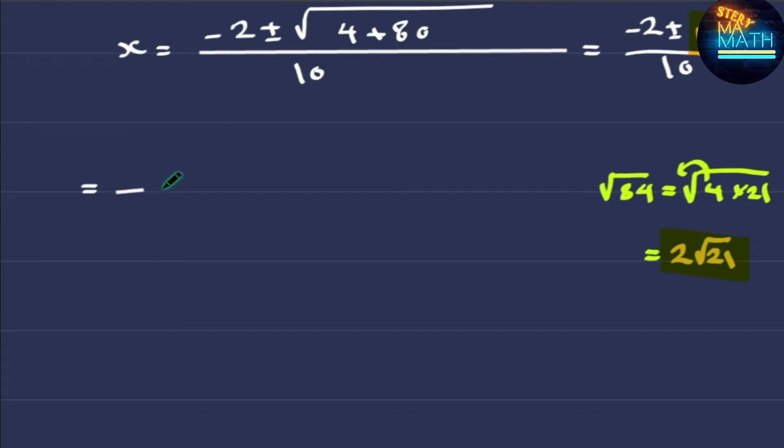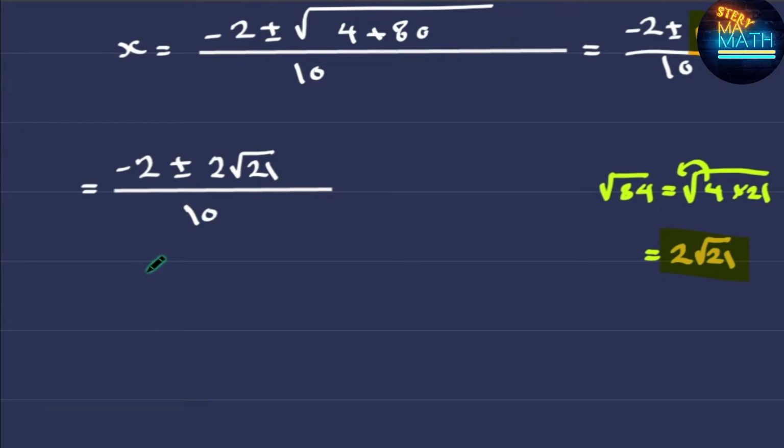All right. So again, x is equal to negative 2 plus or minus the square root of 84 divided by 10. Plugging in the value of the square root of 84, it will be negative 2 plus or minus 2 square root of 21 all over 10.